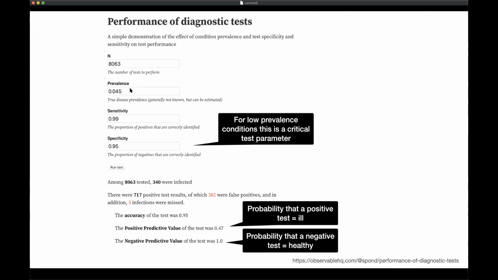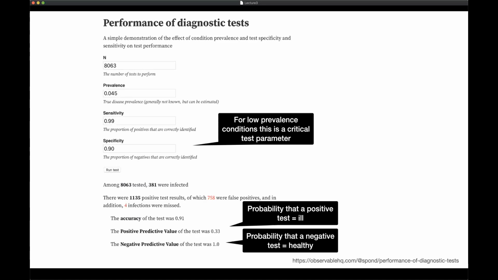And the reason it is so sensitive is because we're talking about a rare condition. So 5% prevalence means that the majority of the tests are negative. Most of the tests that you run are in people that are not sick. And there's enough of them that come back as false positives that it skews your positive predictive value to the point where it becomes not as reliable as you might think it is.